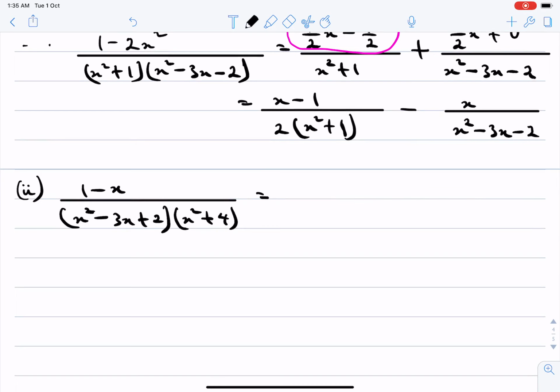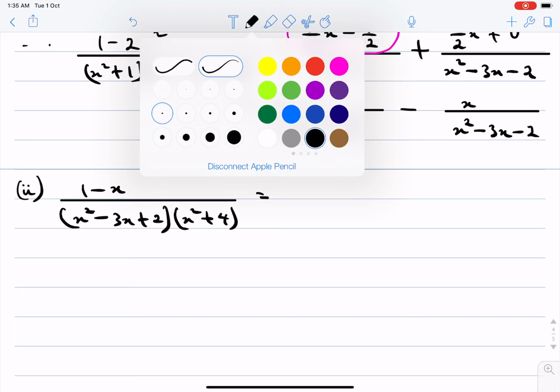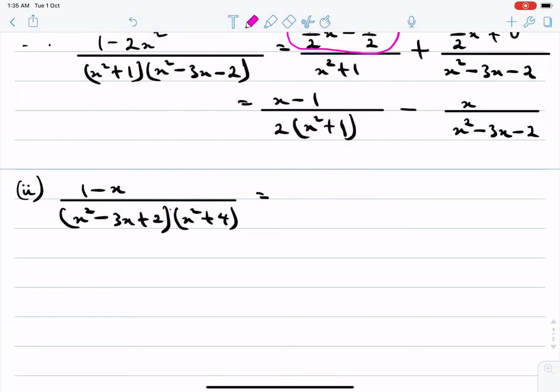This denominator can be factorized into x minus 1 times x minus 2.